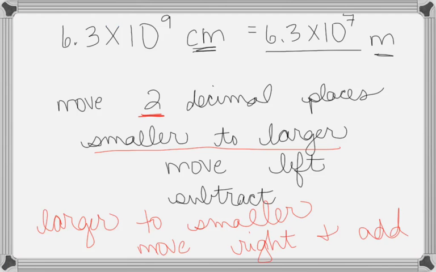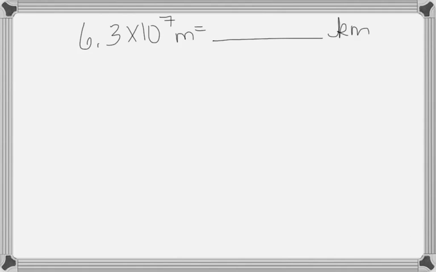And we said that small to large means move left or subtract. What do I subtract in this case? Tell me the exact numbers I subtract. 7 minus 3. I say 7 right here minus 3. That's the number I came up with for my places to move. And then it's easy, right? 7 minus 3 is 4. So 6.3 times 10 to the 4 kilometers.